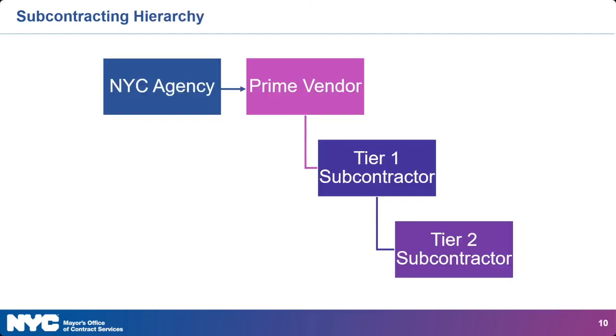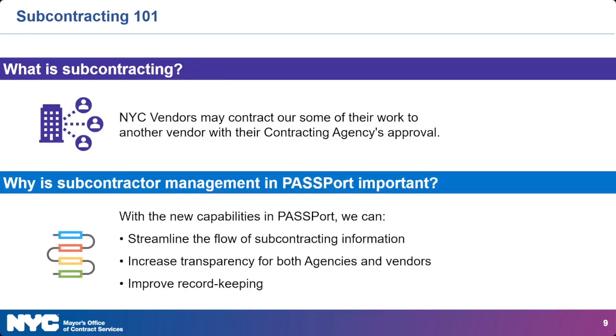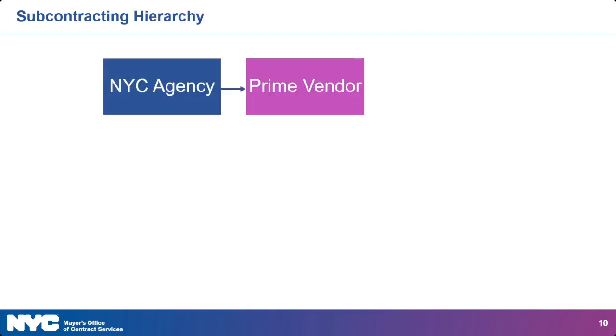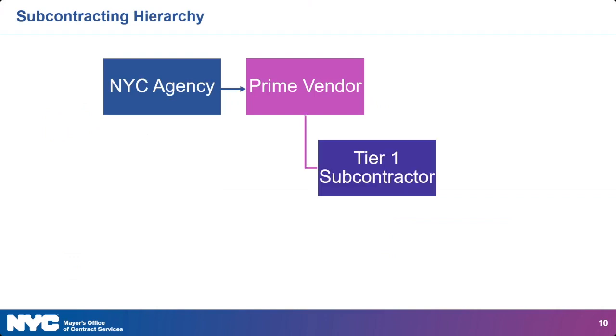So before we move on, let's review some subcontracting terminology. In the subcontracting world, vendors with the New York City contract are called prime vendors. Vendors who contract with a prime vendor are called subcontractor vendors or subcontractors. Tier 1 subcontractors have a contract directly with the prime vendor.